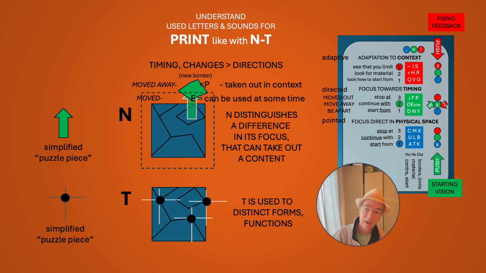But that's the taking out on the next level, the level of the material that is growing out, the letter E, to use it at some other, into another direction, that you're going to use it somewhere else.